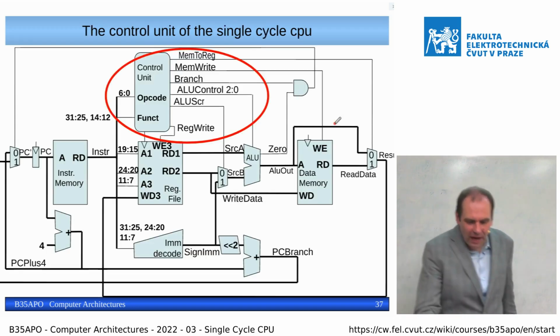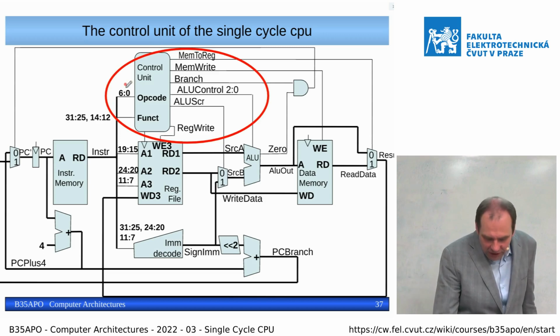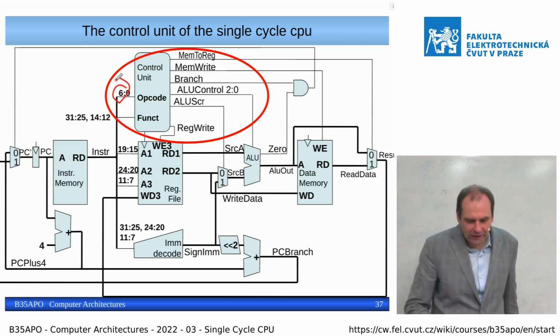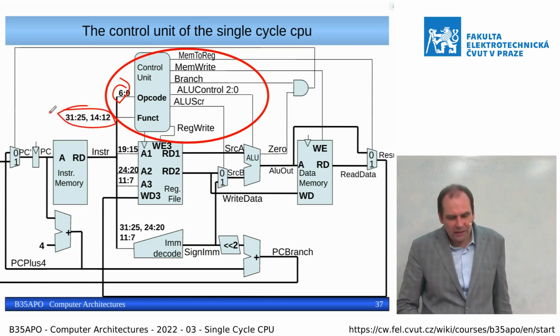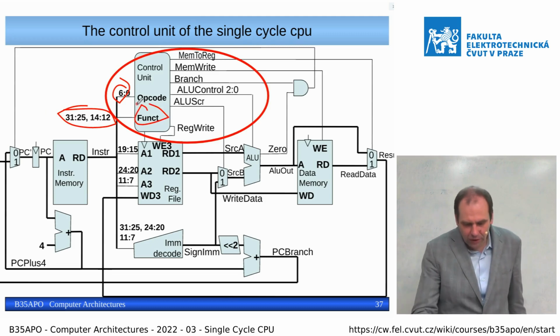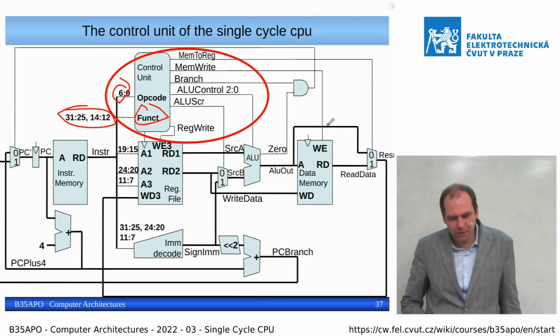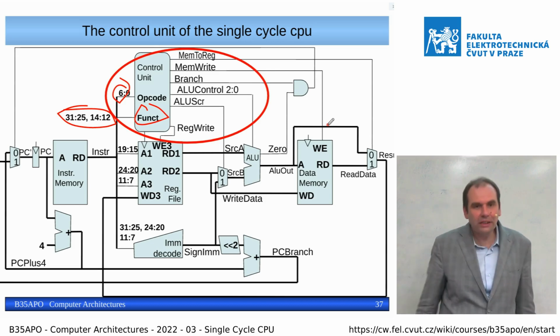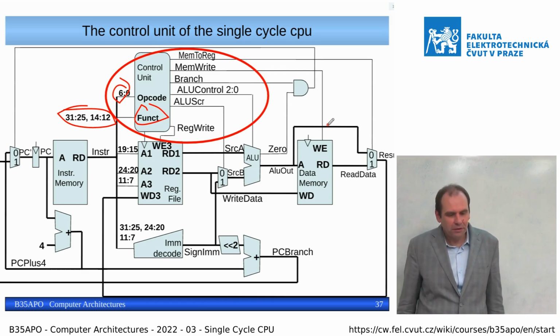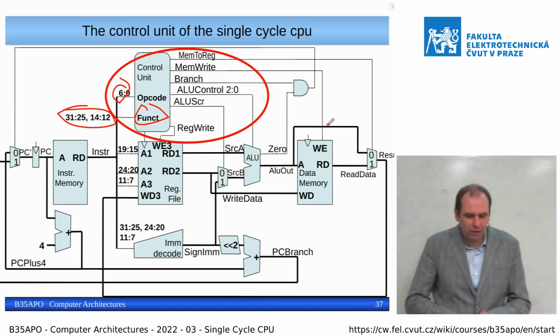And if we add this control unit here, which decodes those 7 least significant bits as the operation, and then conditionally sometimes decodes a function from those 2 and connects these control signals to our processor, then we are done. So basically you have seen how to build your own processor.